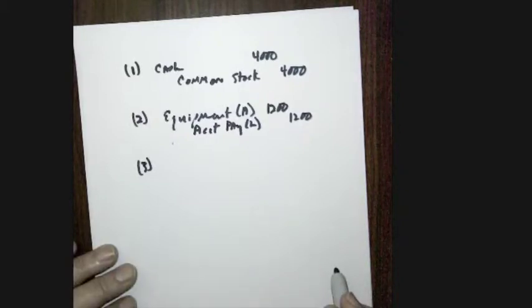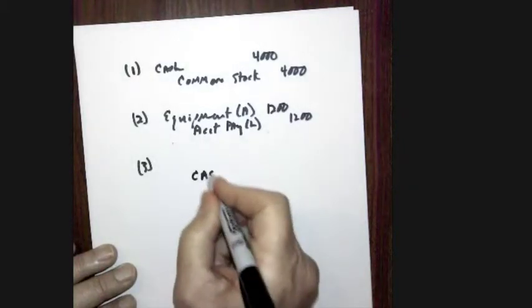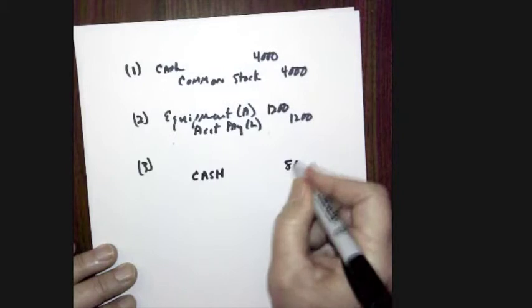If cash is paid or cash is received, that's always the easiest part. So in this transaction, they paid $800 of cash, so that's a credit to cash of $800.